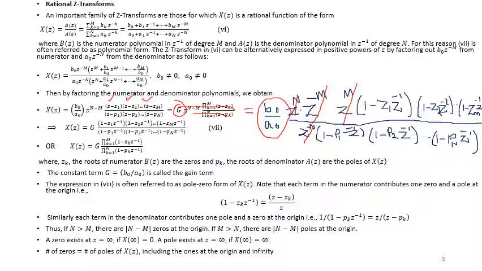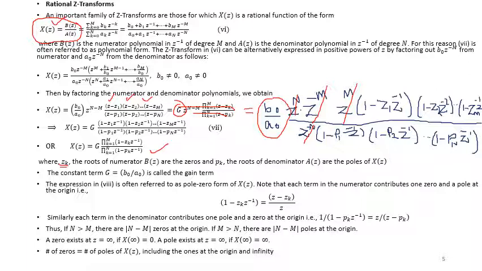So where zk are the roots of the numerator polynomial B(z), right, and pk are the roots of the denominator A(z). If you look at the expression here, B(z) is the numerator.